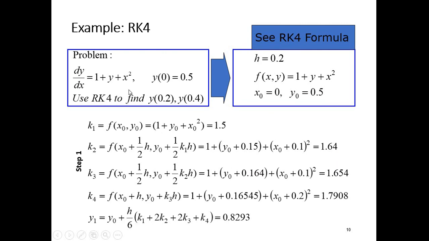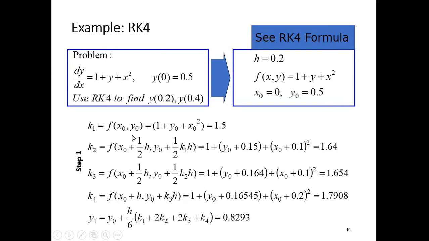Alright, so let's apply those formulas for your first step. You need to identify your h, which you're given as 0.2. Your f of x, y is 1 plus y plus x squared. Your x naught is 0, and your y naught is 0.5.